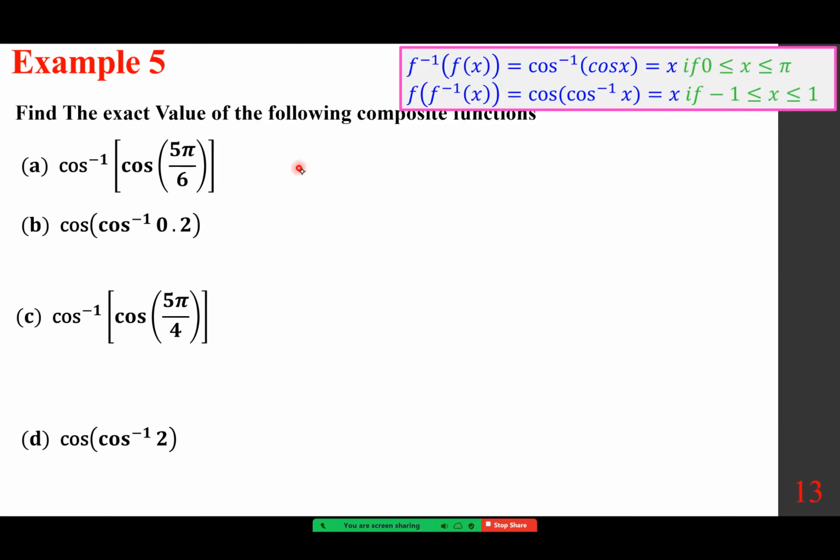And remember, for cosine inverse, we decided the first and the second quadrant from 0 to pi. The 5 pi over 6 is less than 6 pi over 6, which is pi. Therefore, it belongs to 0 to pi, and therefore the answer is 5 pi over 6, because 5 pi over 6 is in the second quadrant. That works.